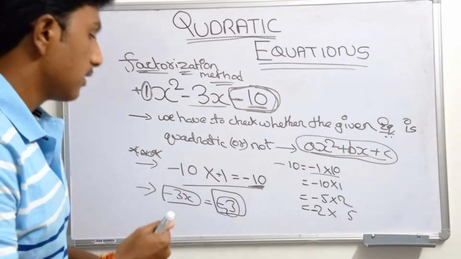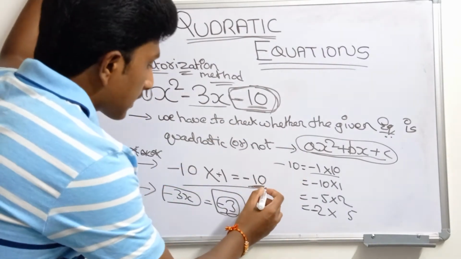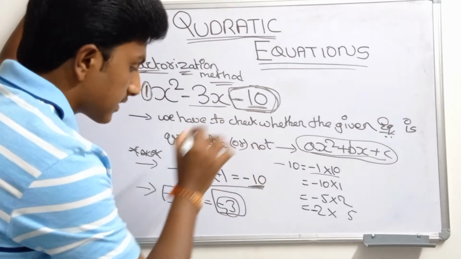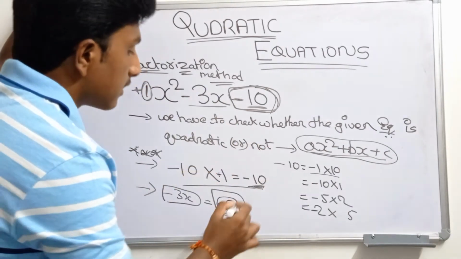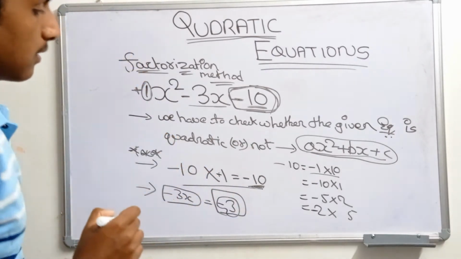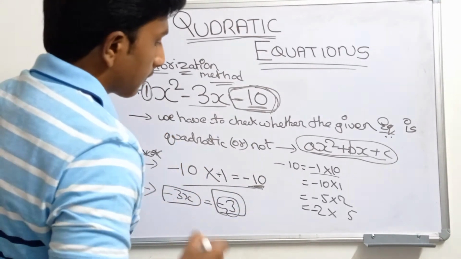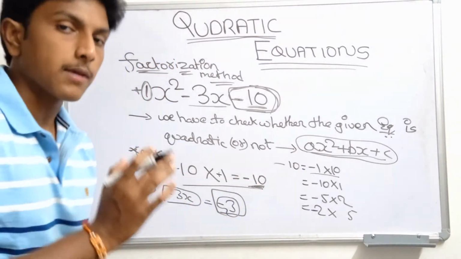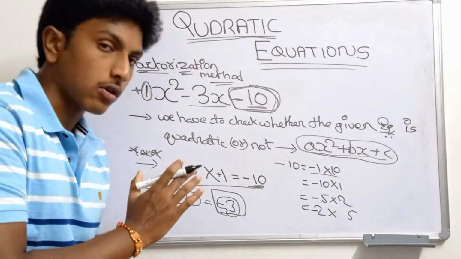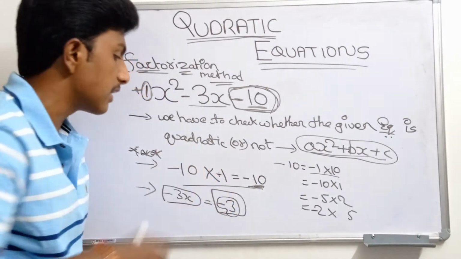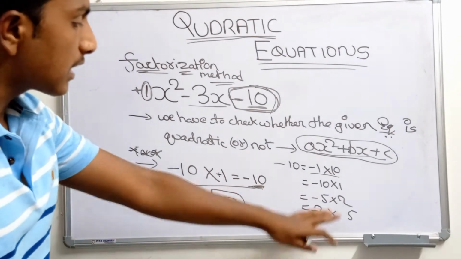You have to select the factors of minus 10 in such a way that when you add those factors, you should get minus 3. Guys, is it clear? It's not subtract. When you add those factors, you should get minus 3. Then you can take those factors.